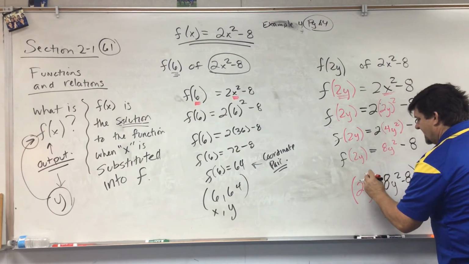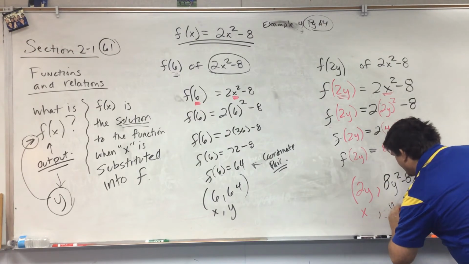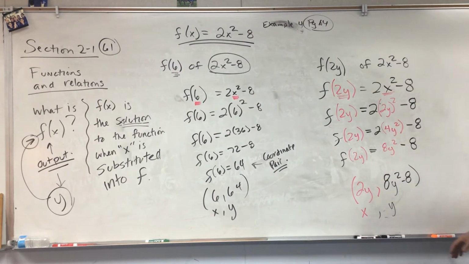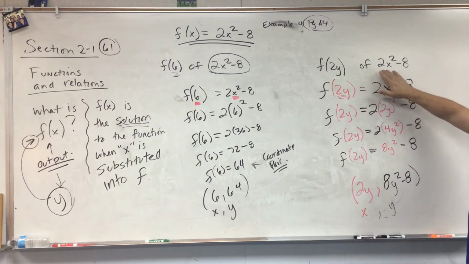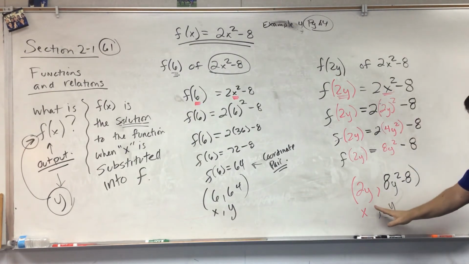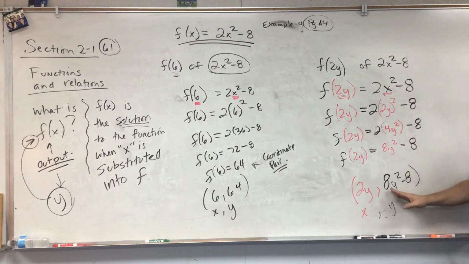So this is my input, x. This is my output, y. Okay? So the relationship between 2y and 2x squared minus 8 is the fact that when I plug in 2y, my output is 8y squared minus 8.